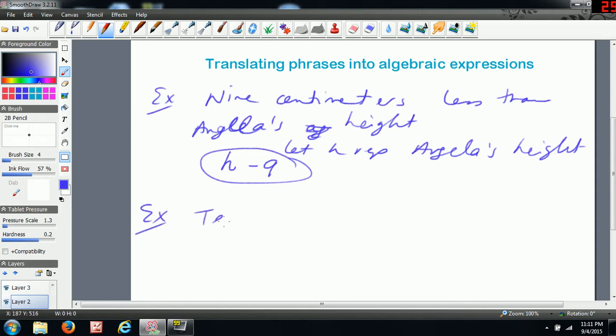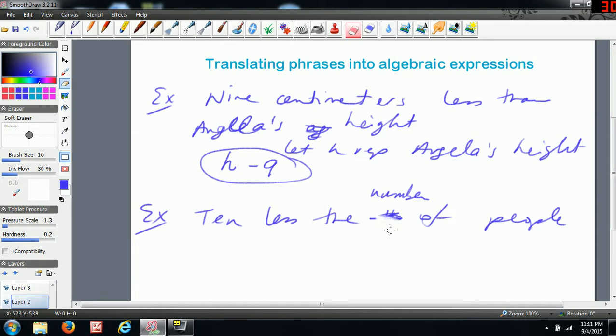What about 10 less the number of people? First you have to figure out what variable you're going to use. I'm going to say let n represent the number of people.